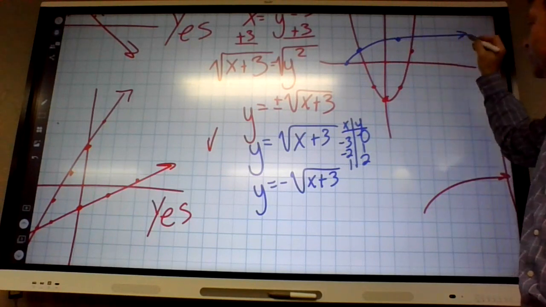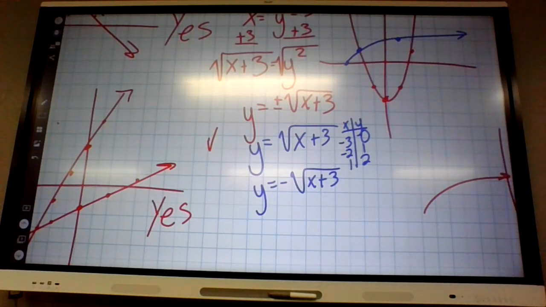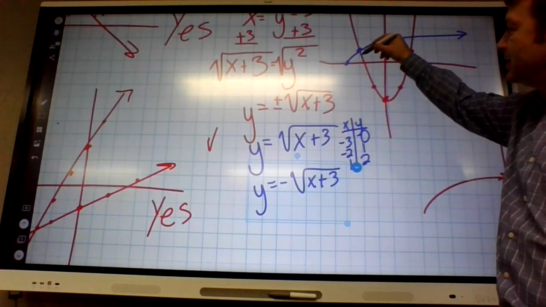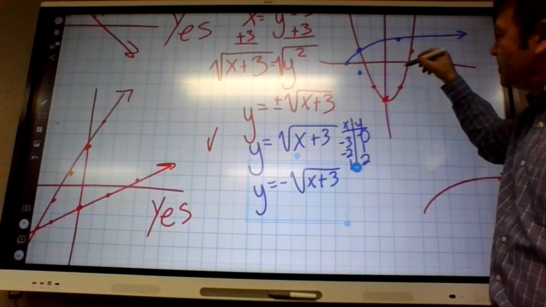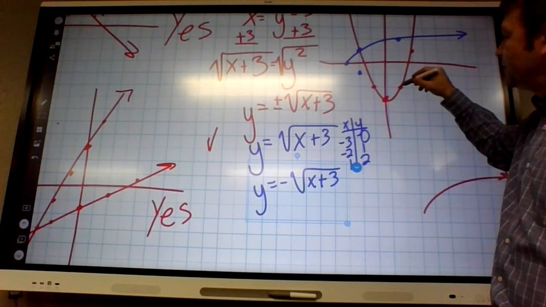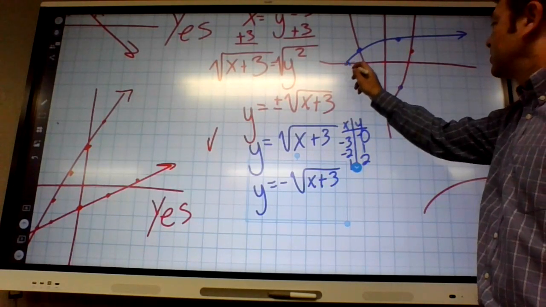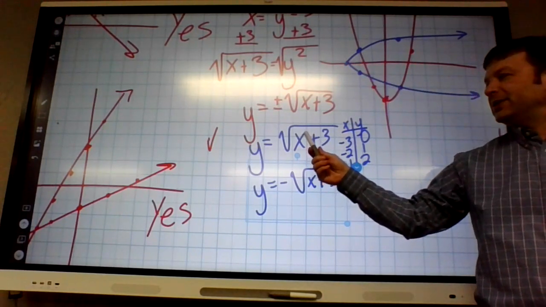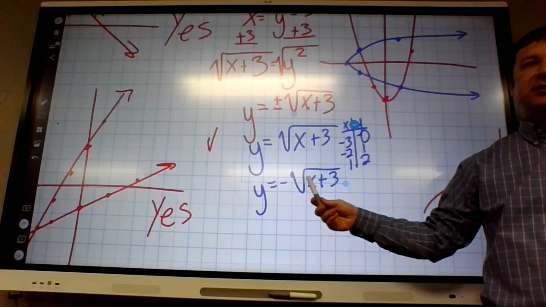Does that look familiar? Guess what happens if I plug in all these numbers to the other function? You get the same thing, but it's upside down. It's a vertical flip. So individually, this thing and this thing are functions.